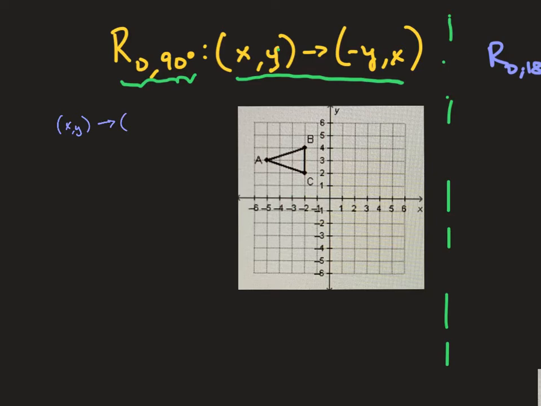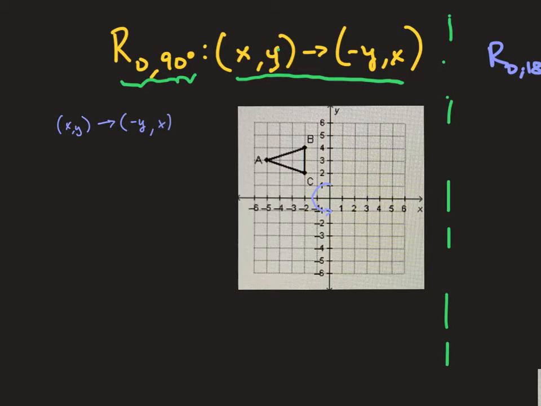So we're going to be mapping counterclockwise 90 degrees, and my new x value is going to be the opposite y, and my new y value is going to be the x value. So as I map, let's go ahead and label these points.